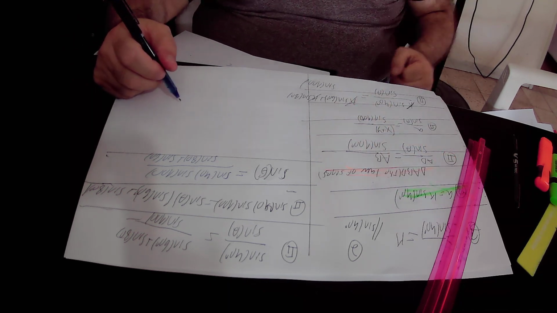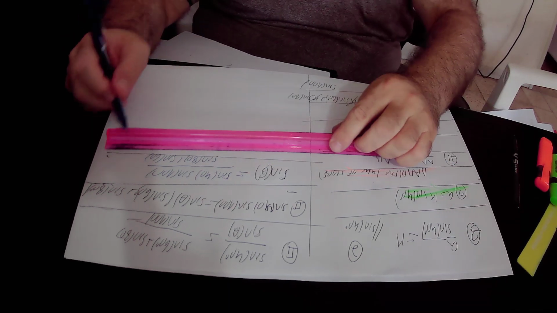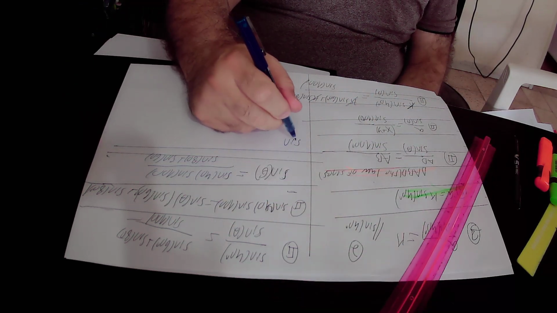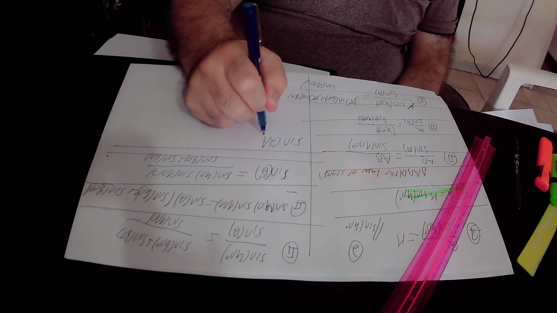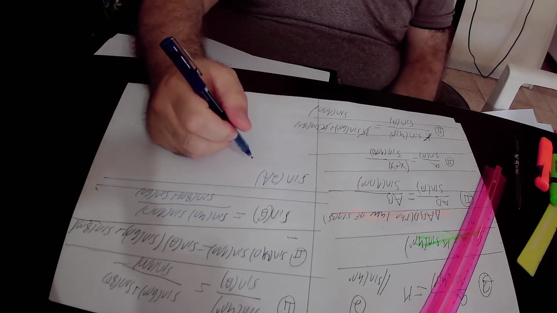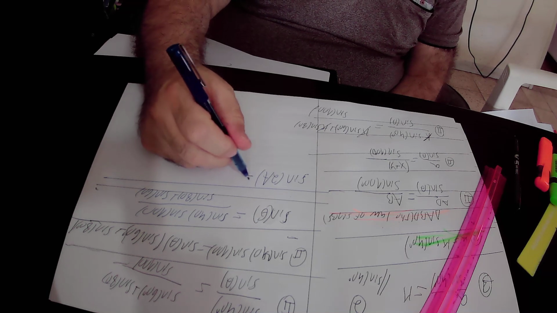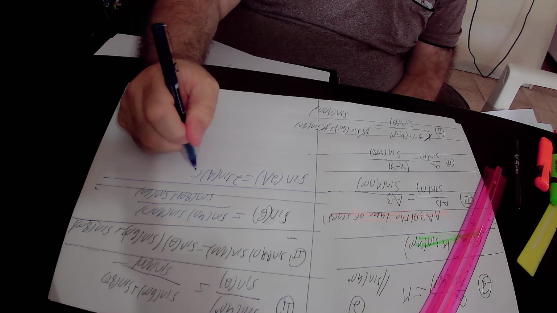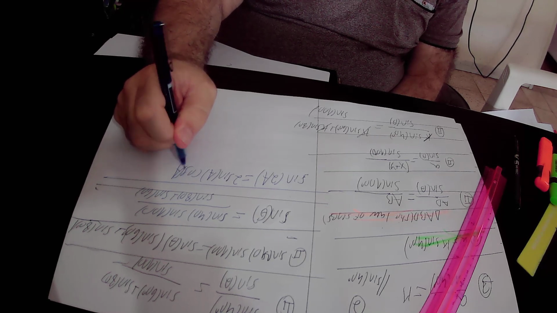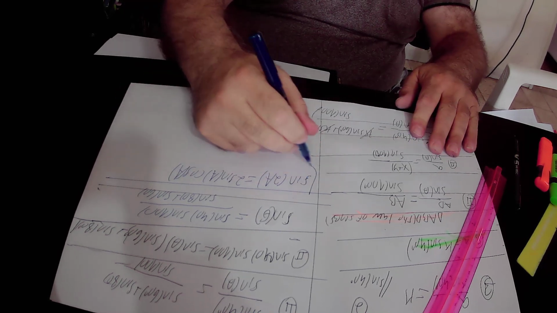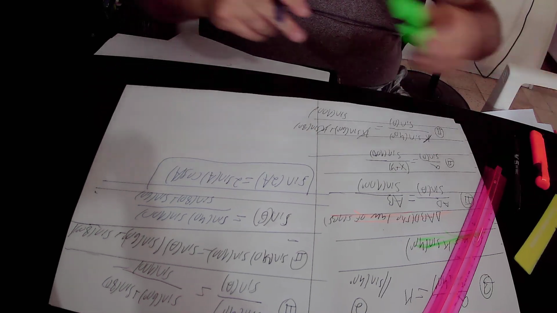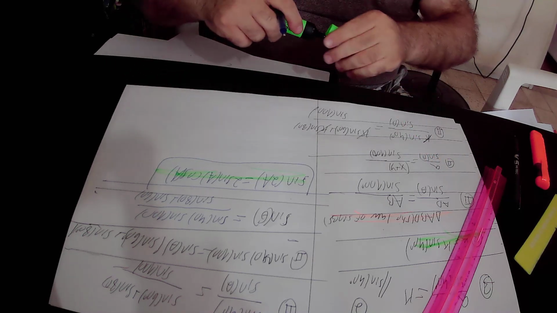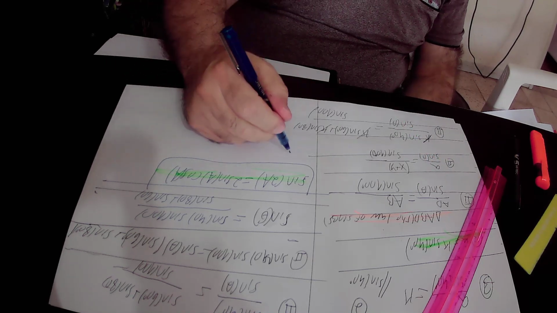Okay, we have the trigonometric identity that sine 2A equals 2 sine A cosine A. We will use this trigonometric identity for sine 40 degrees.